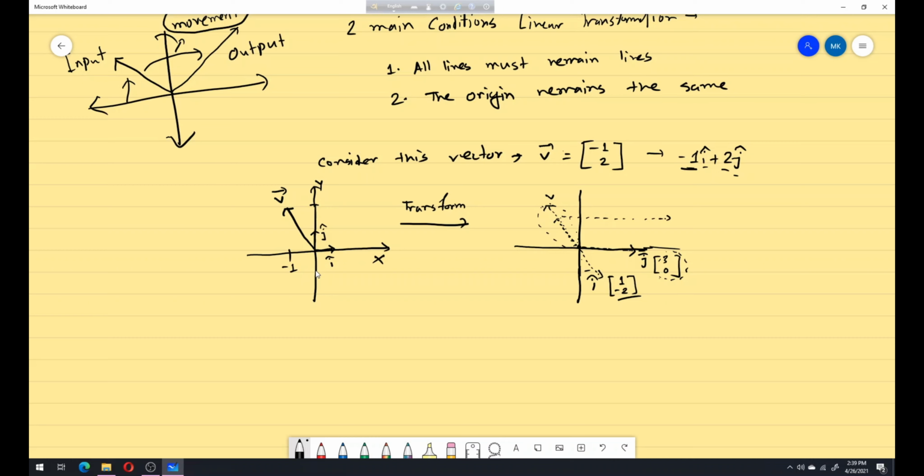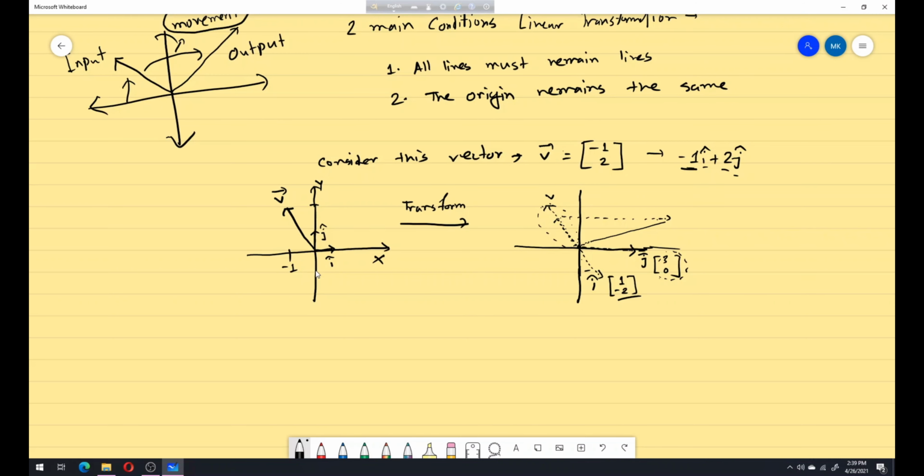So the transformed vector would be this. Okay. So this is a transformed vector. Let's say this is V prime. Okay.